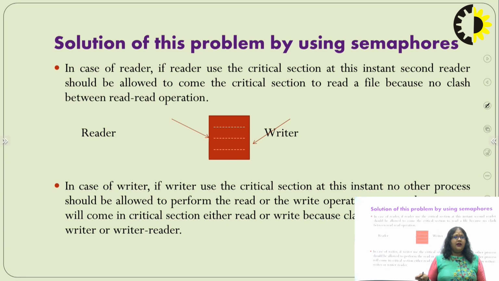In the case of a writer, if the writer uses the critical section, no other process should be allowed to perform a read or write operation, because this is the case of the writer, not the reader. So be very clear about this in your mind. If a reader reads the data, another reader is allowed to use the critical section, but in the case of the writer, no one is allowed to use the critical section at the same time.